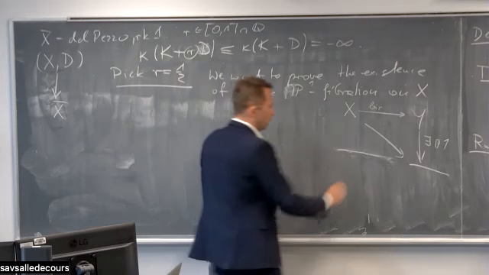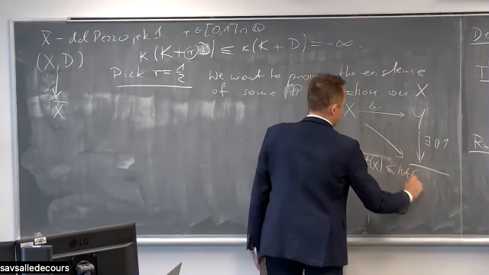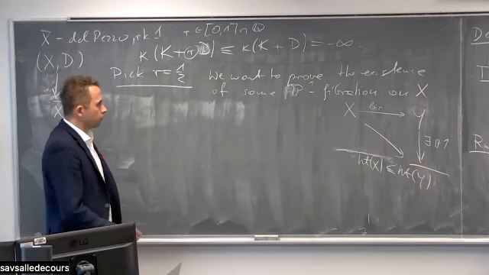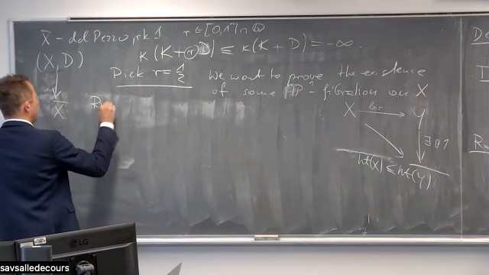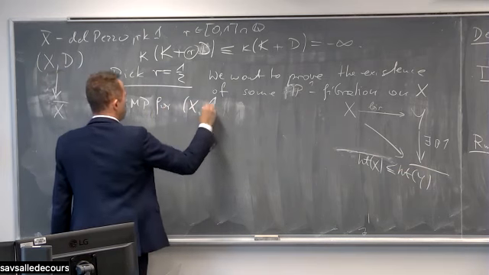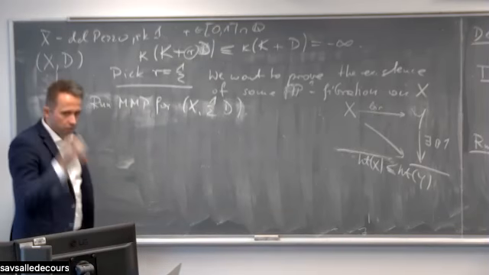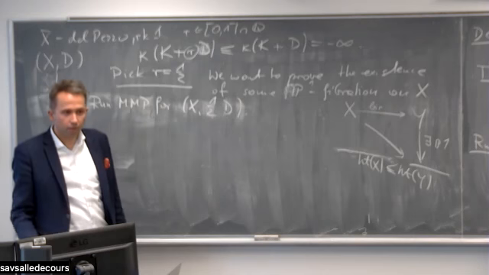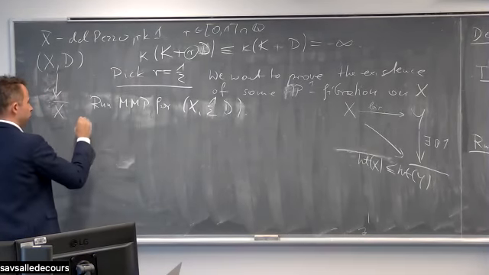Okay, so then the height of X is at most the height of Y. Good. So now we run the MMP for X and D. And I will find some other model, and on that model, there will be a fibration which I will pull back. Now, what I want to say is that half of this job is done for free.